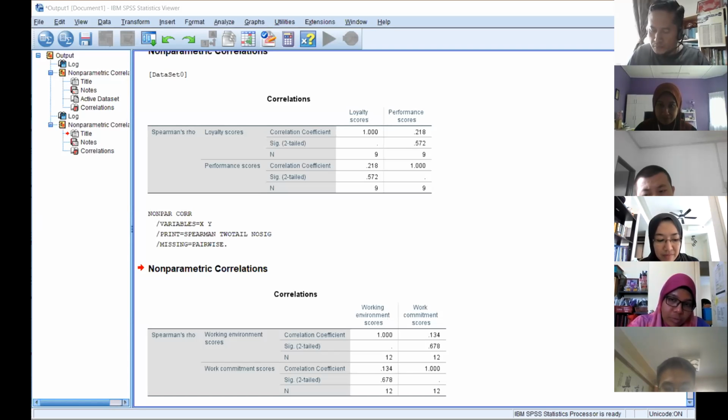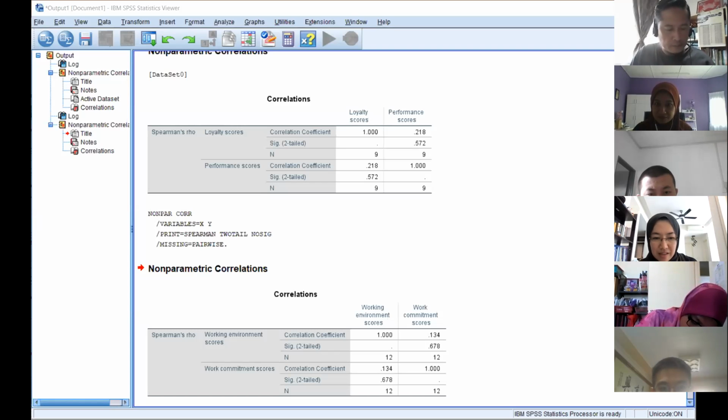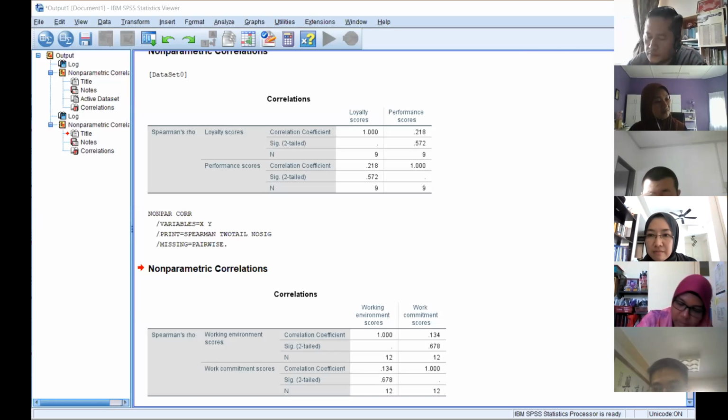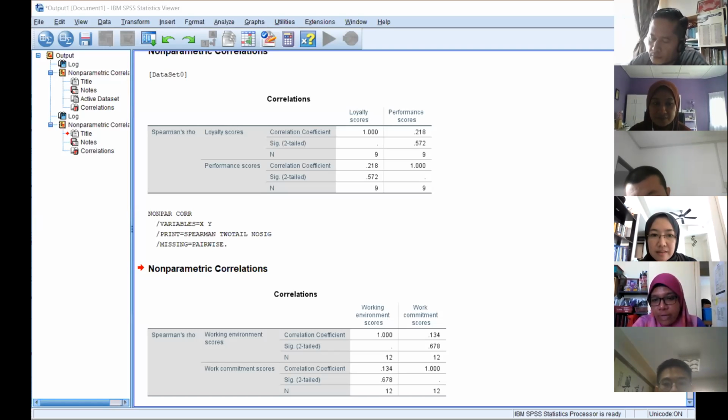In this case, we are testing using SPSS, right? So what should be alpha? Remember, we mentioned if nothing is mentioned about alpha, what should alpha be? 0.05.